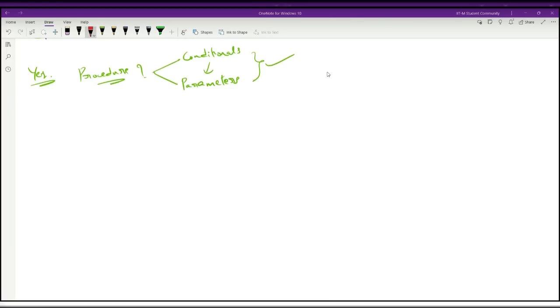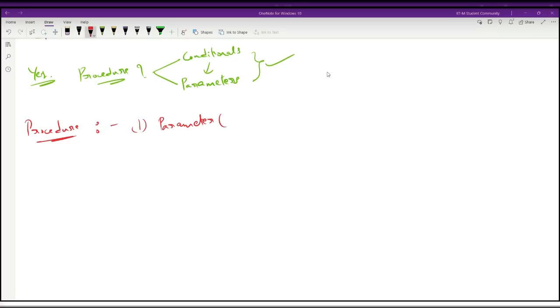As we are habituated to learn from examples, I will give you an example of a procedure. The core, very important thing present in a procedure is the parameter. Without a parameter, a procedure cannot be obtained, or we cannot frame a procedure.